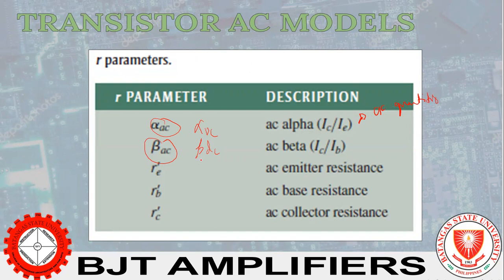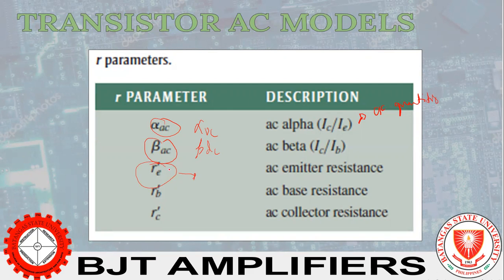Next is the internal resistances. We have the re prime, rb prime, and rc prime. And the most popular na r parameter is the re prime. Madami pong role yan, madaming role yung ating re prime.